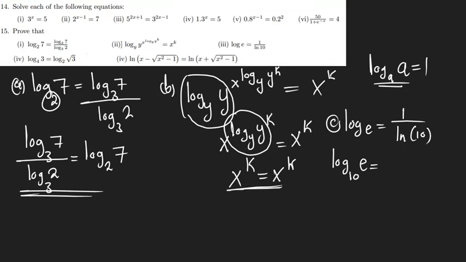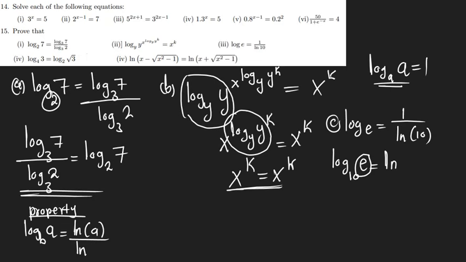If you introduce the natural log, please understand that there is this property I want you to know: log base b of a is the same as natural log of a over natural log of b. That's the same concept we are going to use here.